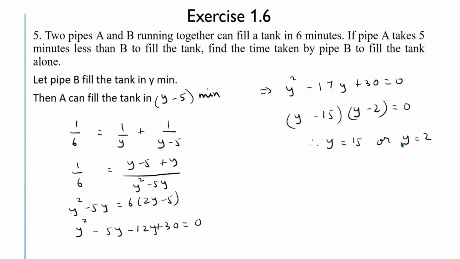Here if we take y is equal to 2, then we will have A can fill the tank in 2 minus 5, which is minus 3 minutes. Time cannot be negative. Therefore, y is equal to 15. Therefore, time taken by B to fill the tank will be 15 minutes.